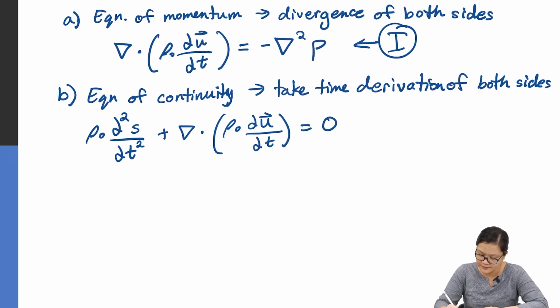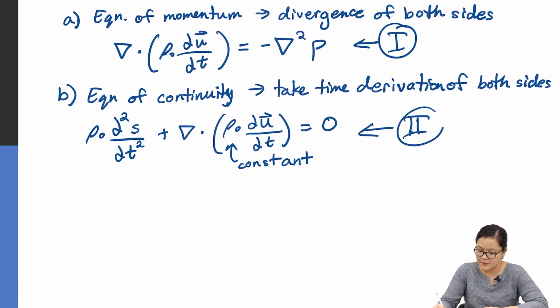Again, this is a constant. So this is our second main equation that we'll use to derive the wave equation.